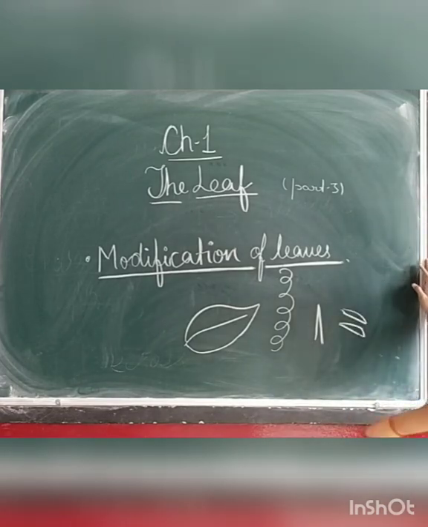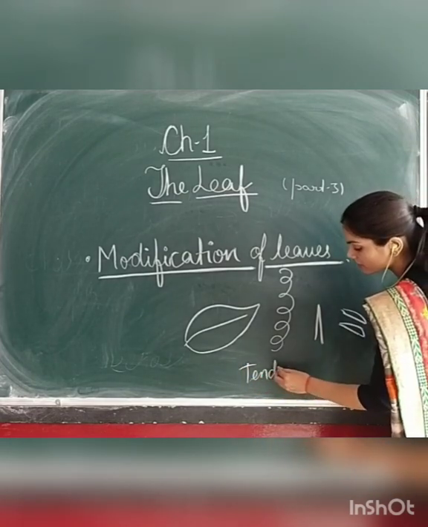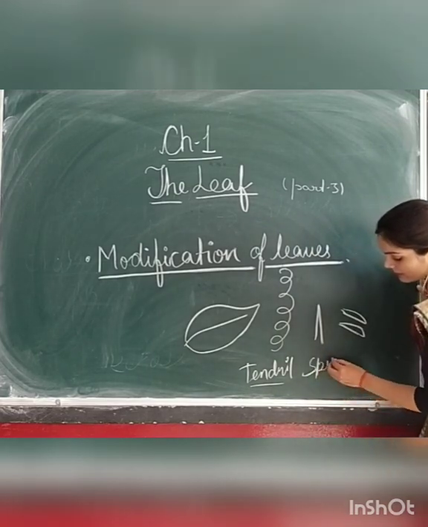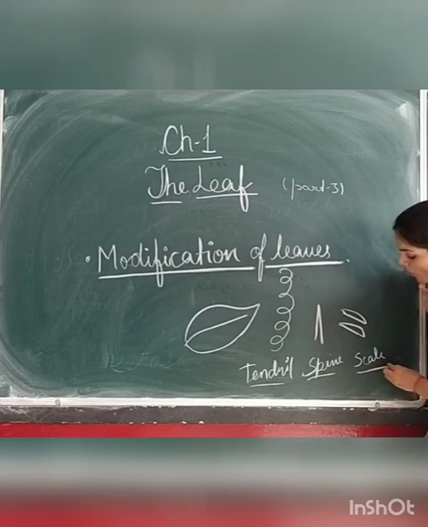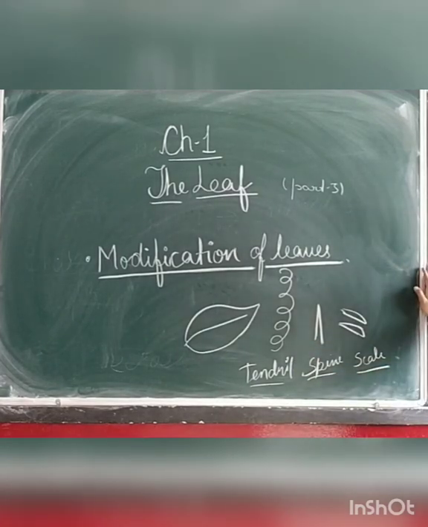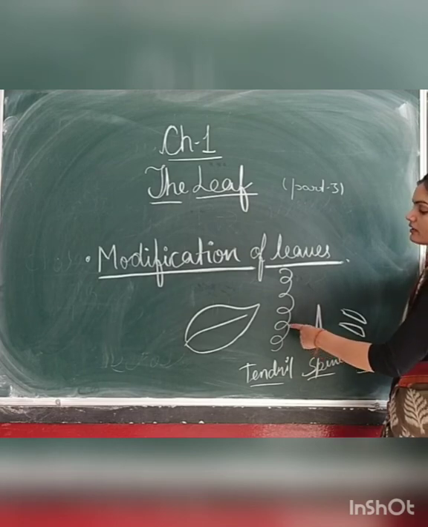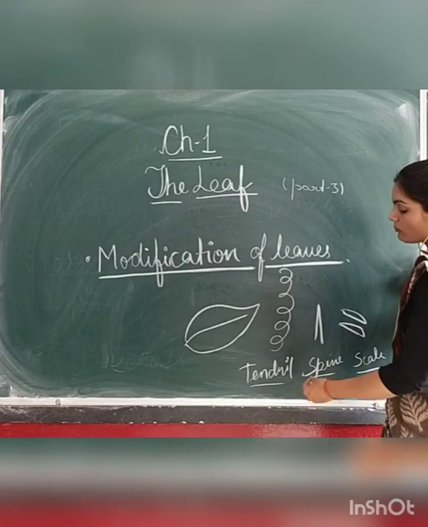So tendril, spine and scale are all modifications of leaf. In some plants the leaf modifies itself into these structures to perform its function.